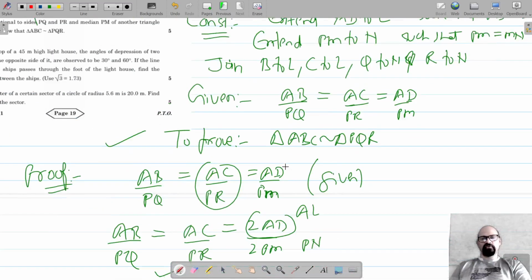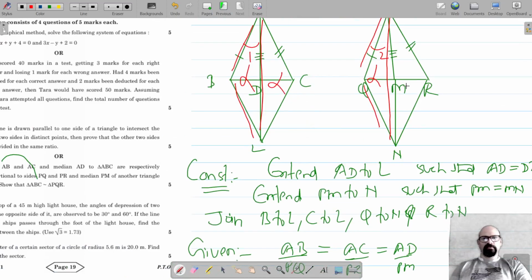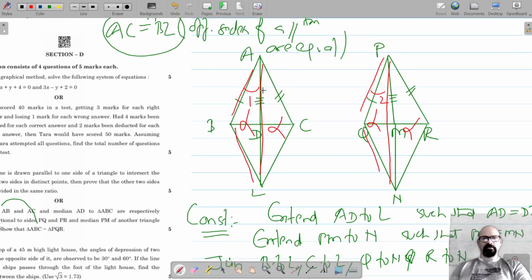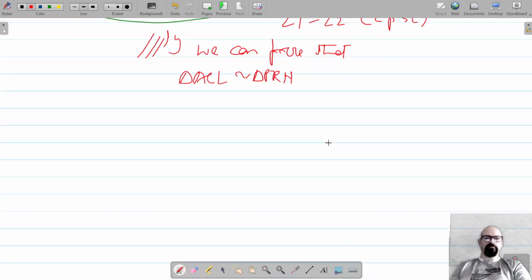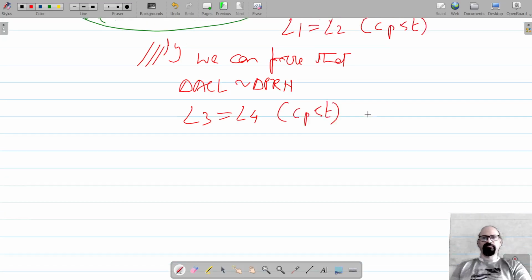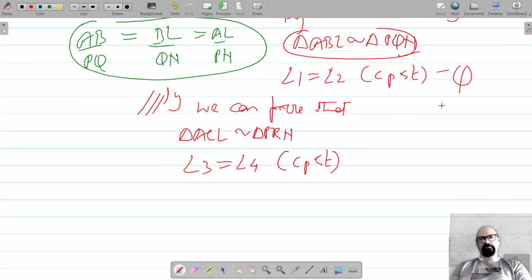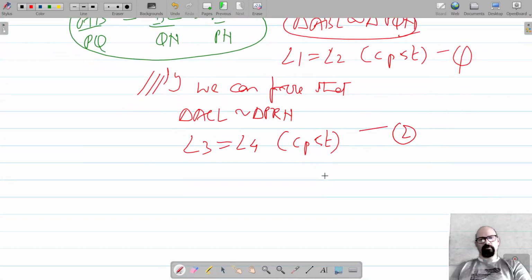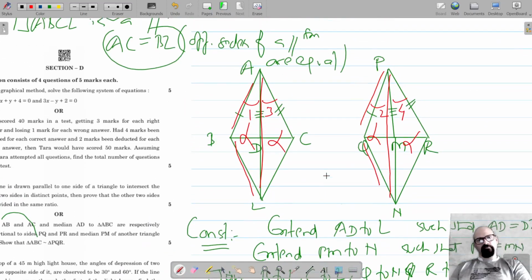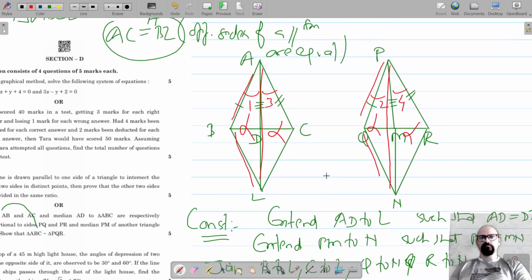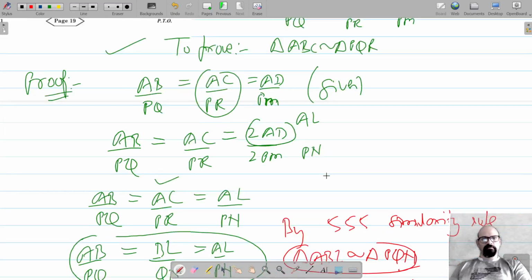And once these two triangles are similar, their corresponding angles are equal. That is, angle 3 is equal to angle 4, by CPCT. So let's say this is the first equation, this is the second equation, and let's try to add them.